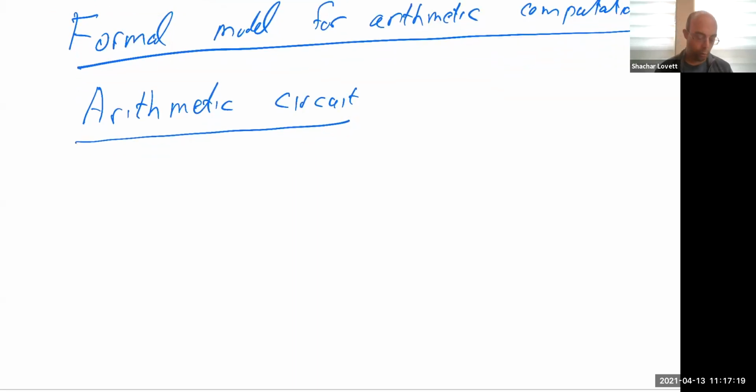So let's say I have 4 inputs. I have x1, x2, x3, x4, and I have maybe 4 outputs: y1, y2, y3, y4, and maybe here I'll define gates.